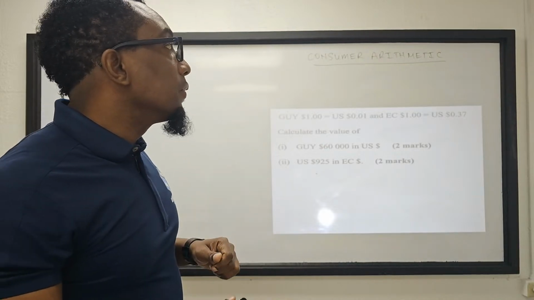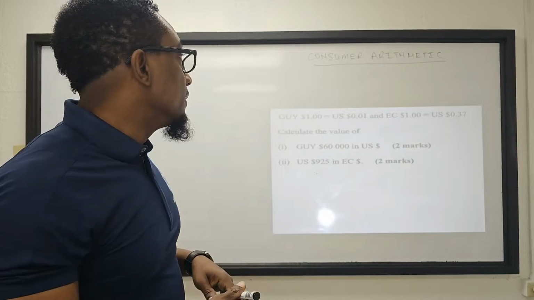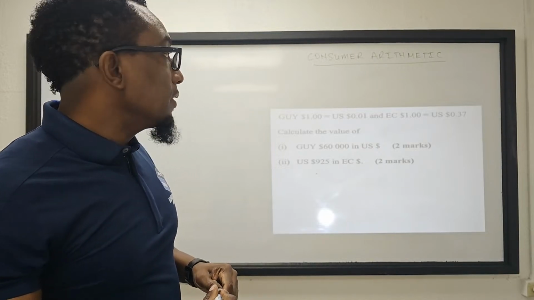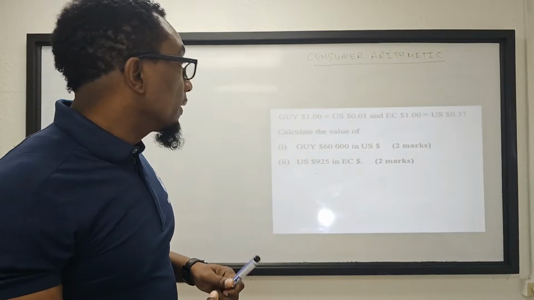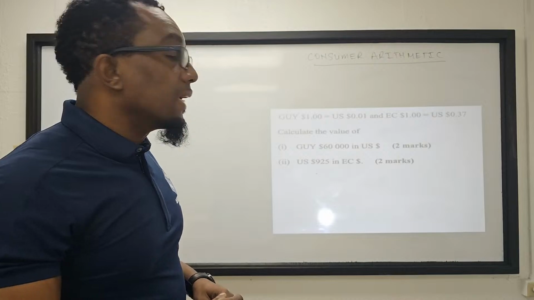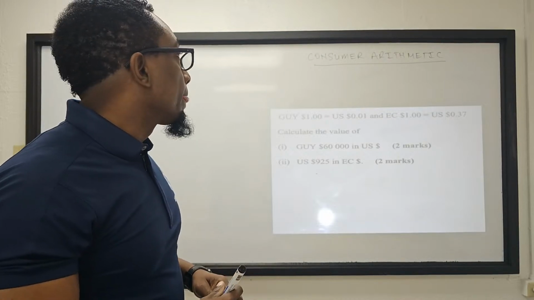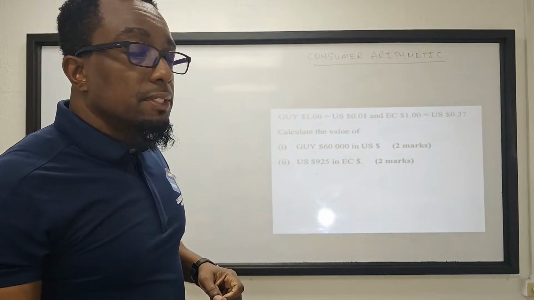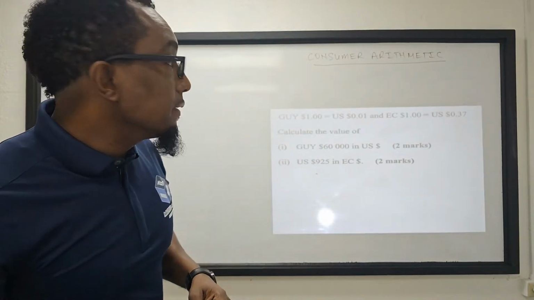EC $1 is equal to US 37 cents. Calculate the value of Guyanese $60,000 in US. So again, we want to convert Guyanese to US, so you have to know what is the exchange rate between Guyanese dollars and US dollars. We have to convert to US, so US must be on the right of the relationship.